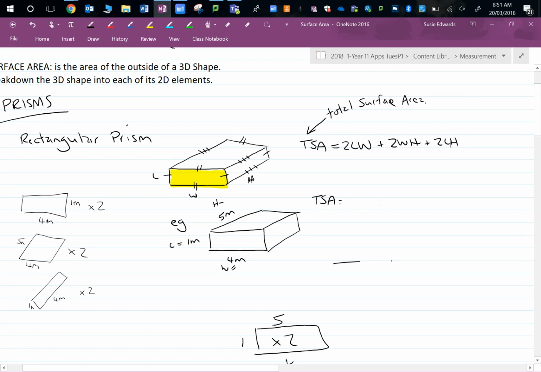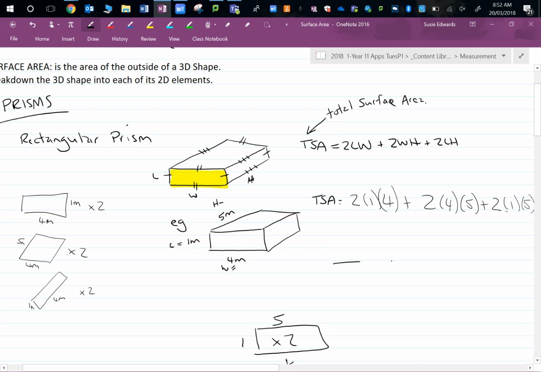So you can either break it down into rectangles, draw out the rectangles, and add them, or if you know what you're doing, it's easier to go 2 lots of, let's say the length is 1, 2 lots of 1 times 4 plus 2 lots of 4 times height is 5 plus 2 lots of 1 times 5.